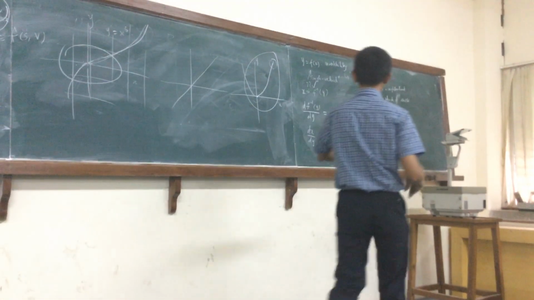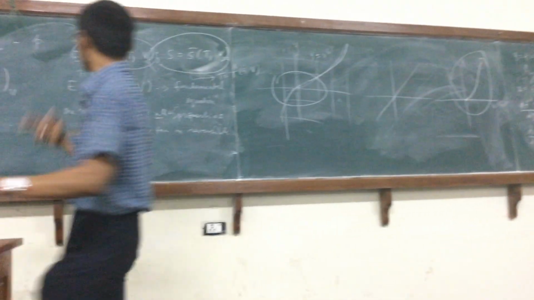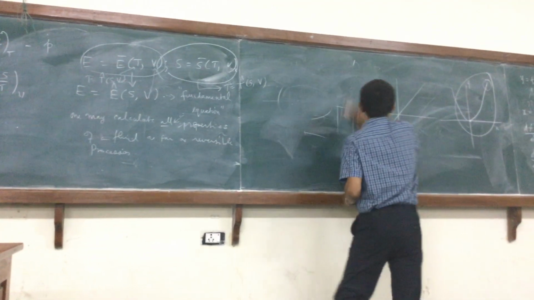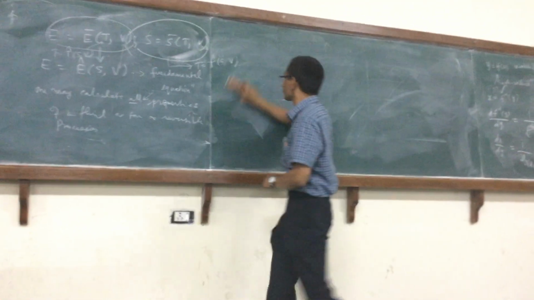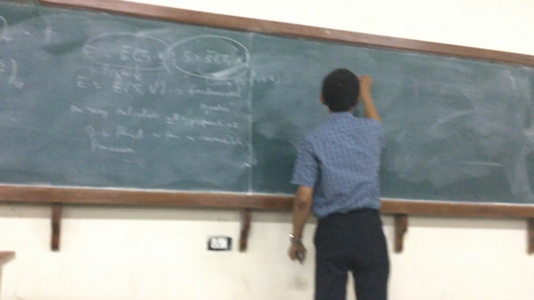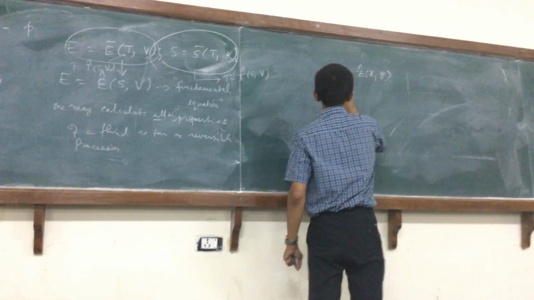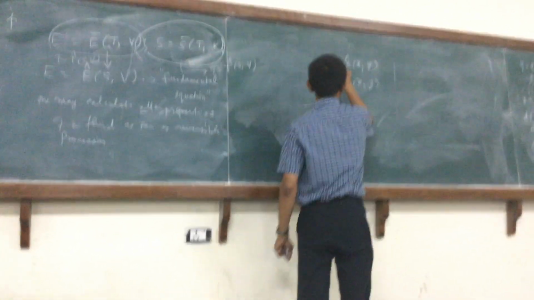So I can ask this question, let me do it here. It is somewhat important. This is the one that we will be using here. So I can ask this question.